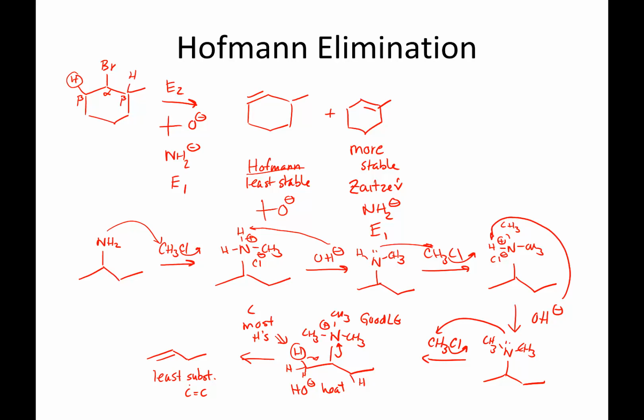All right, now why? Why in this mechanism do I lose the hydrogen from the carbon with the most hydrogens versus the carbon that has fewer hydrogens? Well, that's going to have to do with the conformation. If you think about this molecule, there are 3 methyl groups here. There are 2 hydrogens over here, and there are 3 hydrogens here.